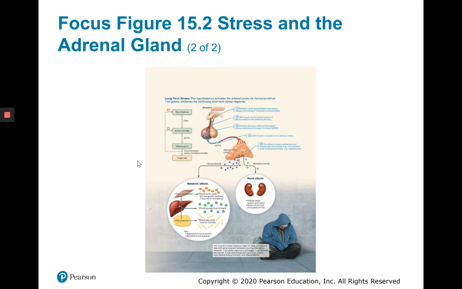We even have weakening of muscles if the stress is too prolonged. So just differences with how we're handling our stress response depending on if we're using our sympathetic nervous system and its communication with the adrenal medulla, or we're using just the endocrine system and the communication from the hypothalamus and anterior pituitary to the adrenal cortex.